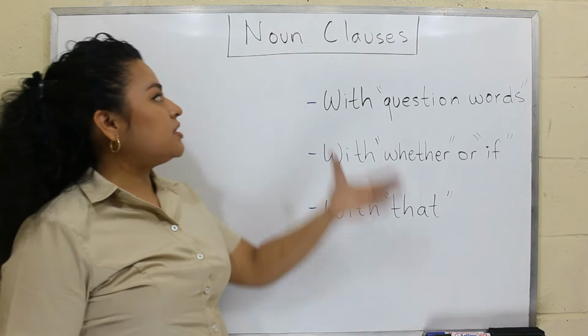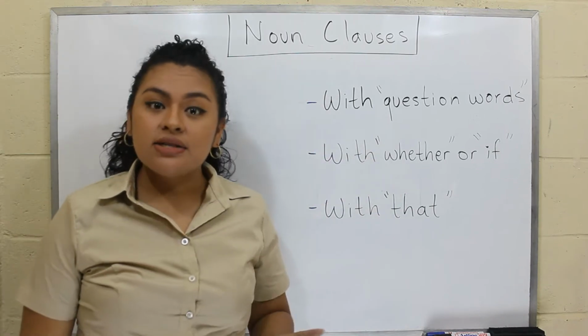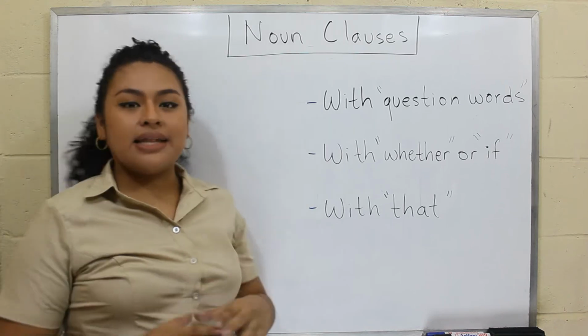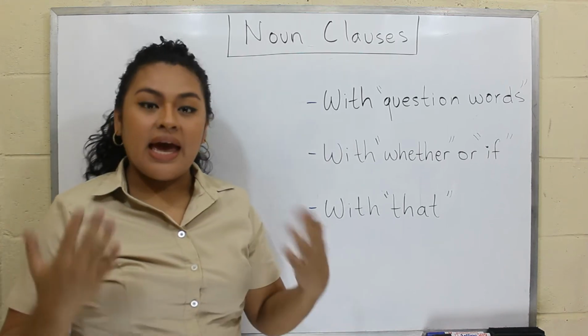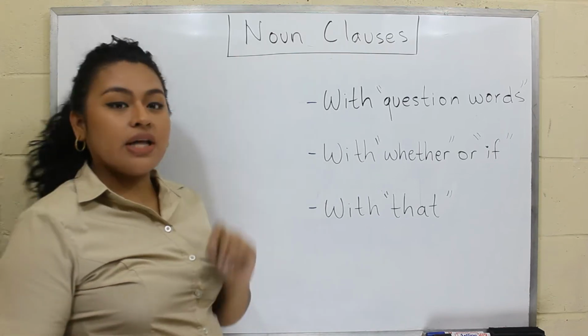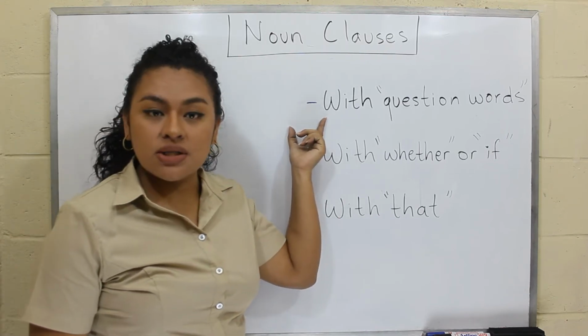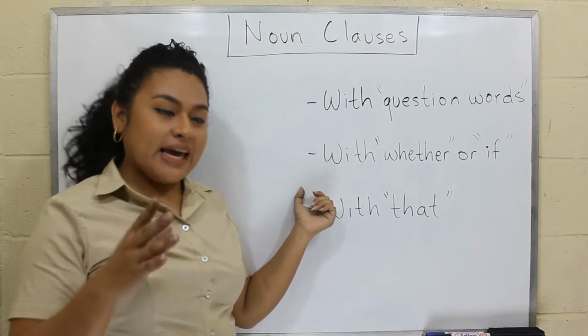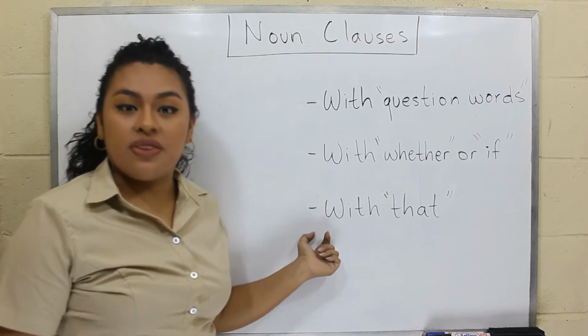A noun clause is a dependent clause that is used as a noun. It means that it can take the place of a noun. And there are three different types of noun clauses: noun clauses with question words, noun clauses with whether or if, and noun clauses with that.